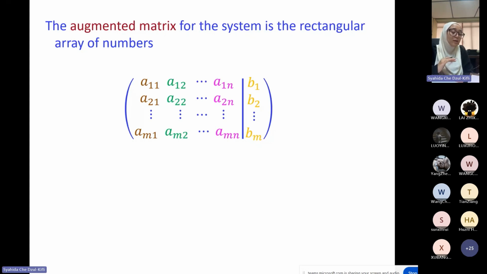So we take all real numbers from the system of linear equations to form a matrix called the augmented matrix. The line here is to separate the coefficients from the constants on the right-hand side of every linear equation. Okay, is that clear?